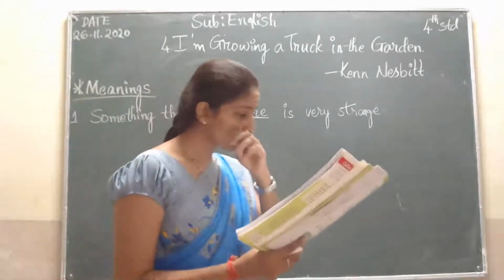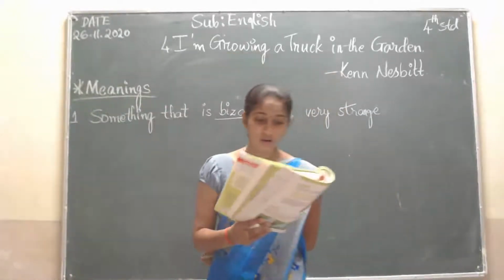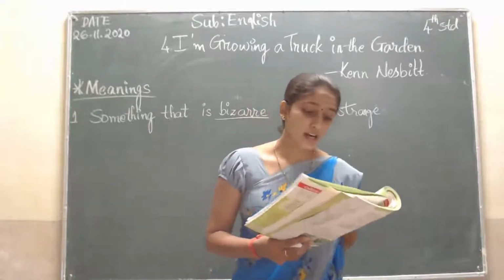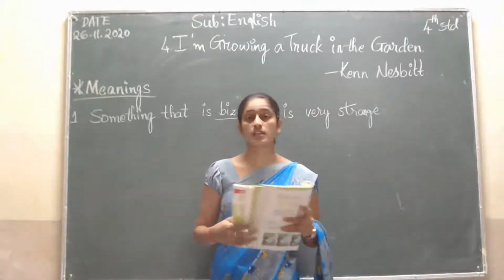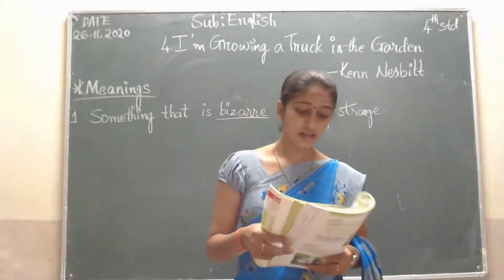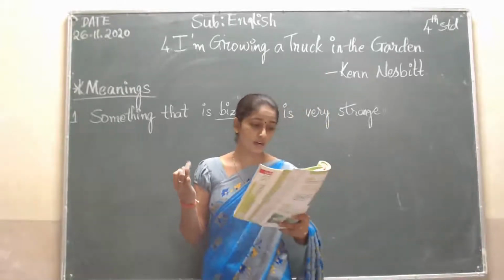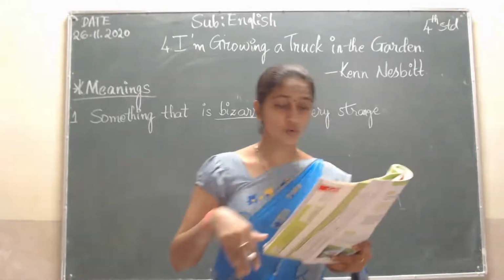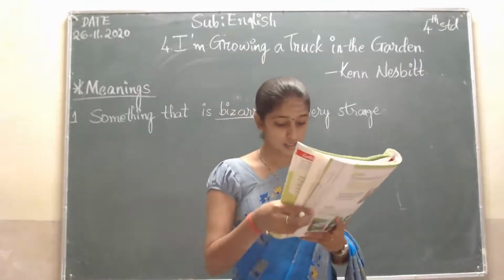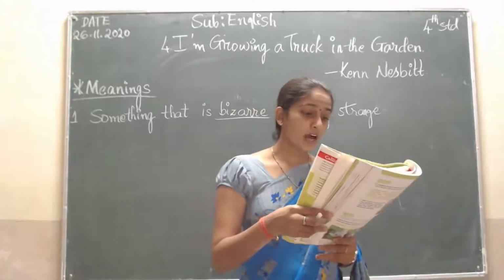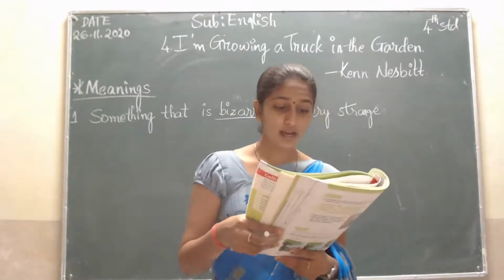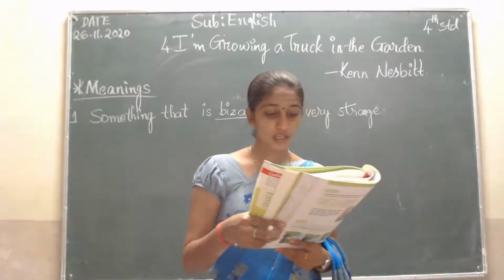I am growing a bus and an airplane, a rocket, a boat, and a car. Apart from the truck, what are the things he is going to grow in his garden? Bus, airplane, rocket, boat, and a car. He is going to grow all these things in his garden. I planted them yesterday morning. I'm sure they will be sprouting up soon.